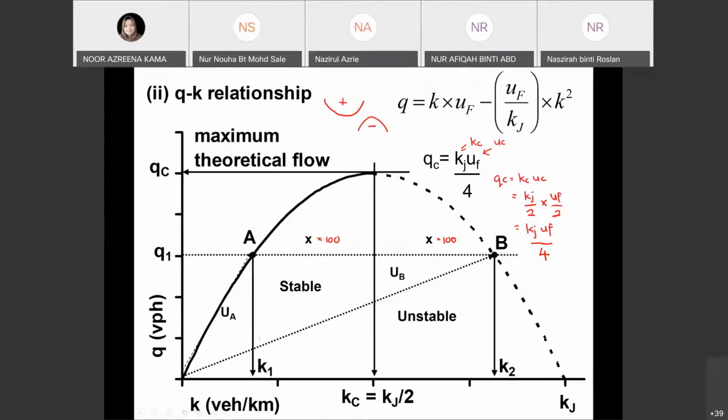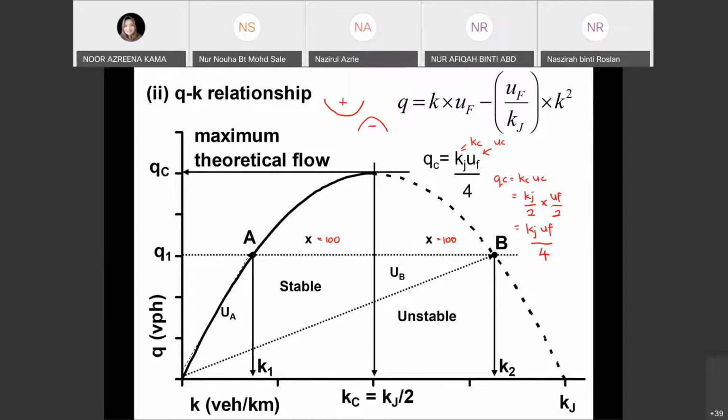Garisan ni. Nampak ke mouse saya? Yang dotted line tu. Oh, itu. Daripada 0 sampai B. Tapi kita tak kira pun U dekat sini, tak apa. Sebab dalam formula kita tak ada U pun. Kita ada UF sahaja, which the free flow speed. Okay.